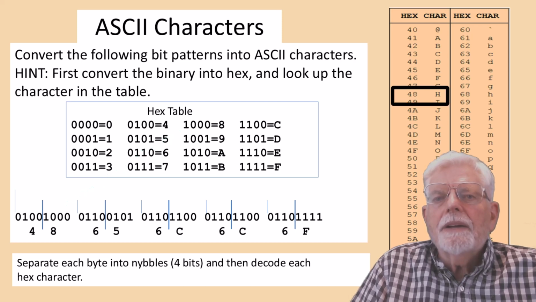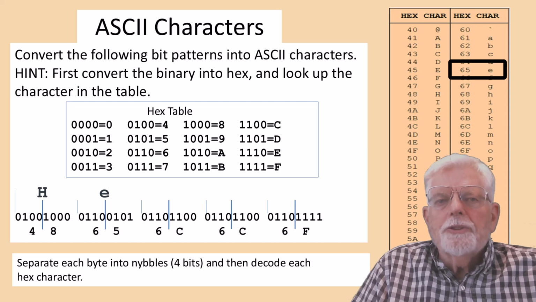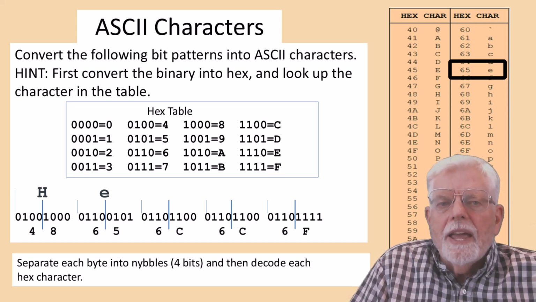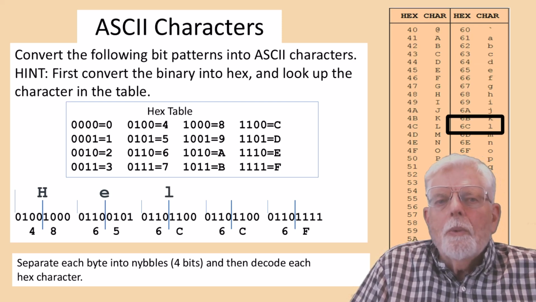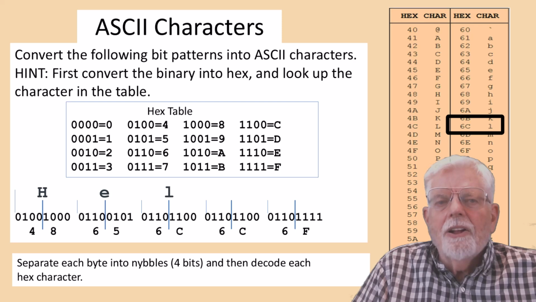Look up the hex 48 in the ASCII chart, which then becomes the code for the uppercase H. 0110 0101 becomes hex 65, which represents a lowercase e. 0110 1100 becomes hex 6c, which represents a lowercase l. The same bit pattern repeats for a second lowercase l.